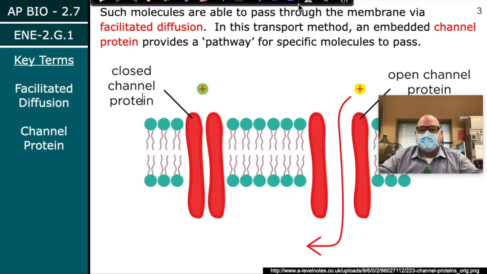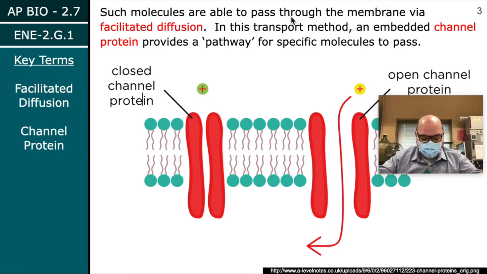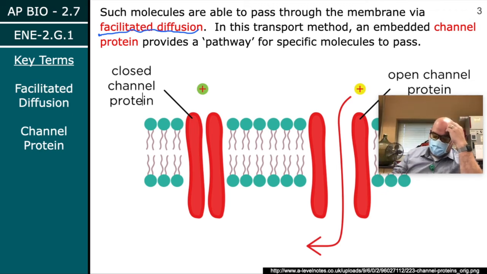So, like we said, molecules can go through the membrane, but the ones that can't need to go through facilitated diffusion. Okay, so facilitated diffusion, like we said, it's something helping it through. And that's going to happen in what we call channel proteins or transport proteins.